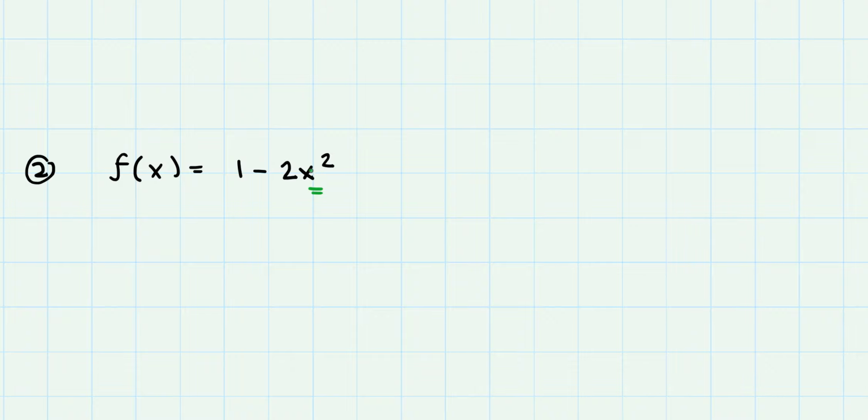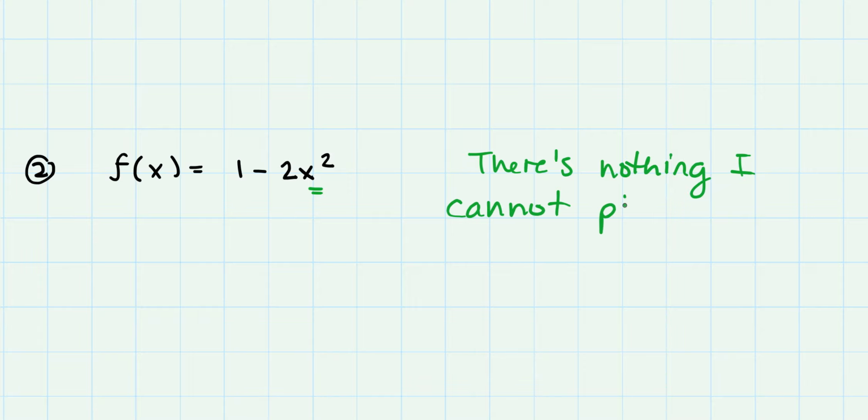I can put any number I want to in for this x. I just square it, multiply it by 2, say 1 minus that number, and then I get a real number here. So there's nothing I cannot plug into x.